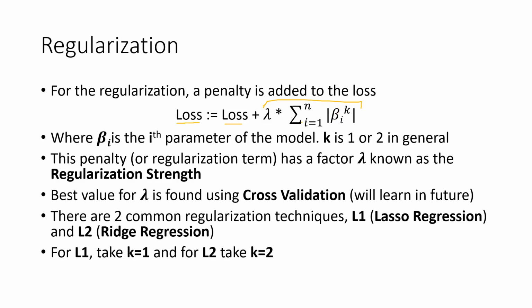You take the kth power of the absolute value of each beta parameter, get the sum, and multiply it with this constant, which defines the regularization strength.